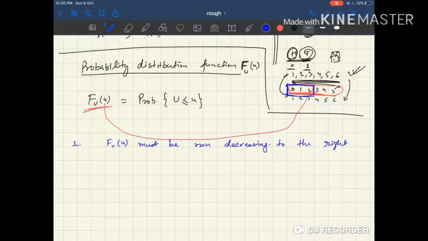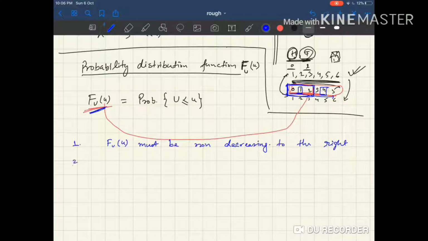That simply means that if you find the probability distribution function F_U at this point, the value must be smaller than in the case when you go towards the right and find the value at a larger small u. So as you go towards the right, the value of F_U must increase.